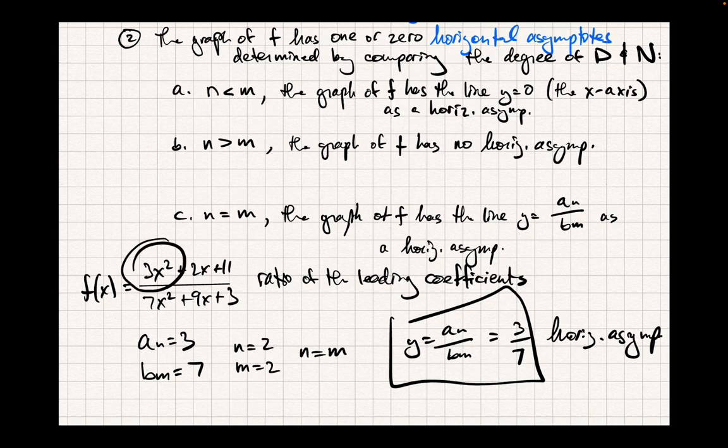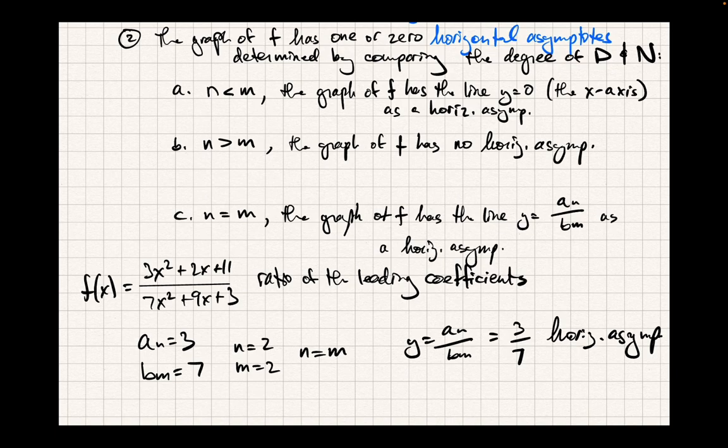That's going to be the dominating number in the numerator, divided by 7 times 5 quintillion squared, the dominating number in the denominator. And this levels out at that ratio when the degree is the same. So I end up with a horizontal asymptote at 3/7. Great job.